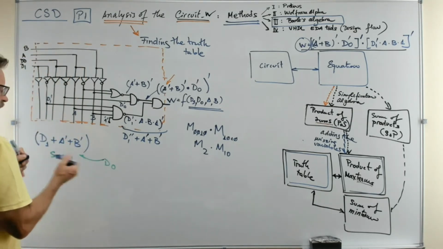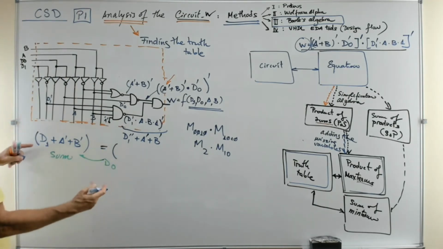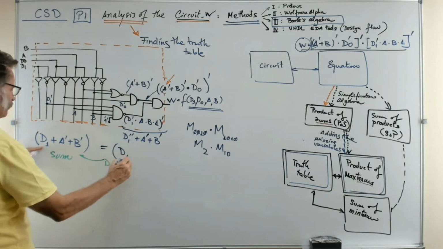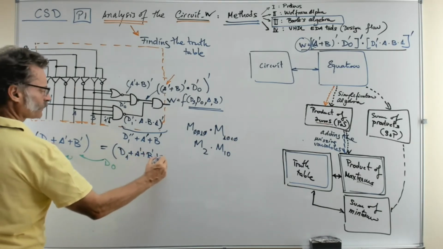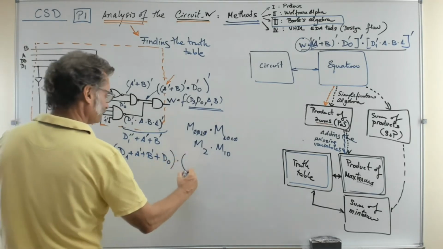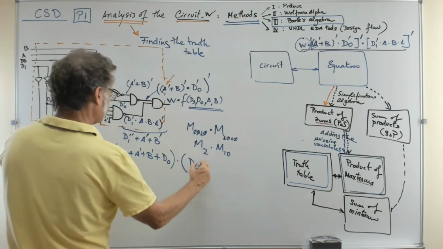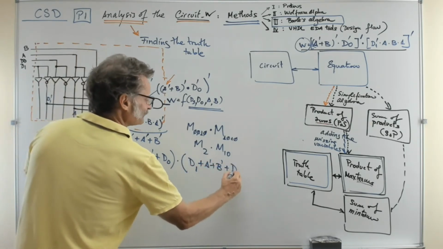This term happens to be the same as this, D1 or A naught or B naught or D0, and the same D1 or A naught or B naught or D0 naught.